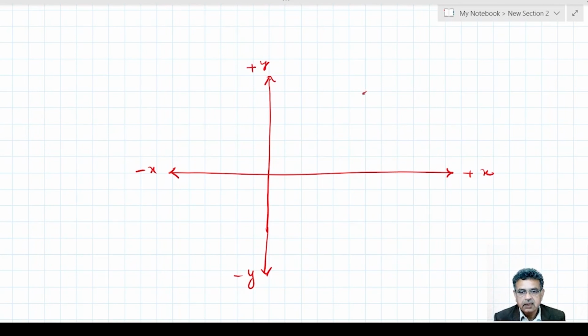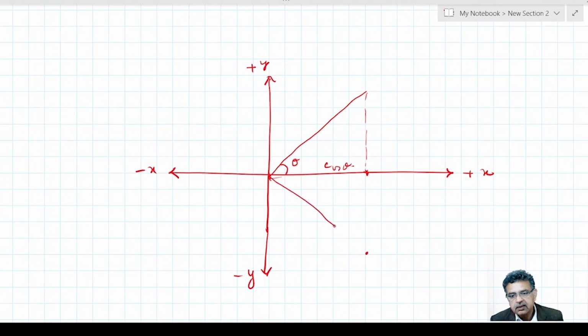So if there is a line here making an angle theta, then this value from here, this much, that will be represented by cos theta. So this is cos theta.